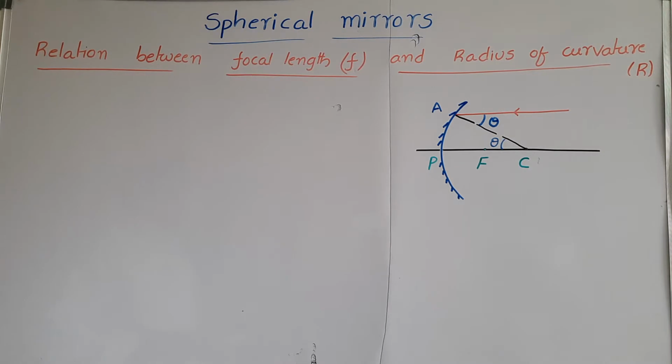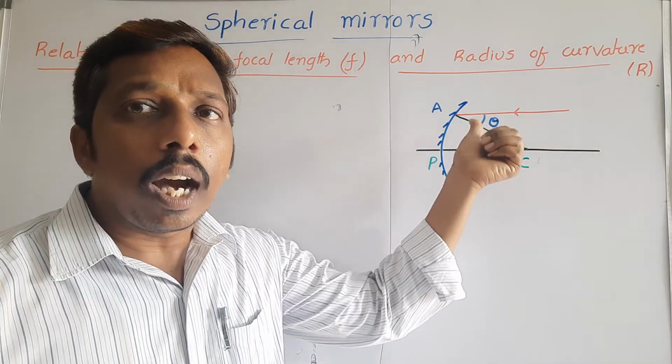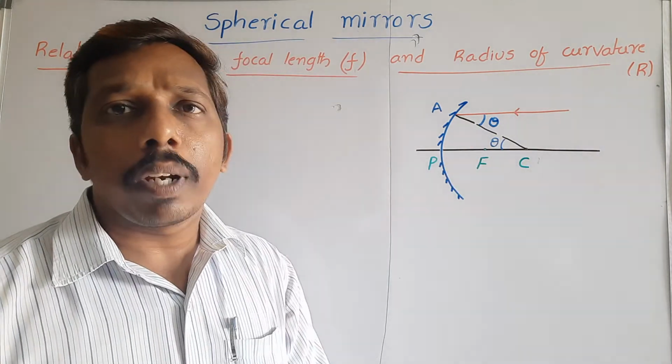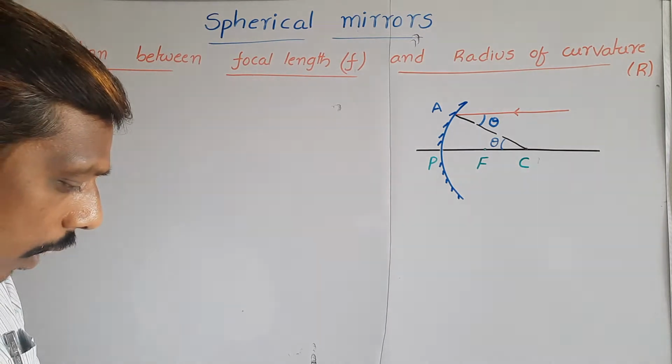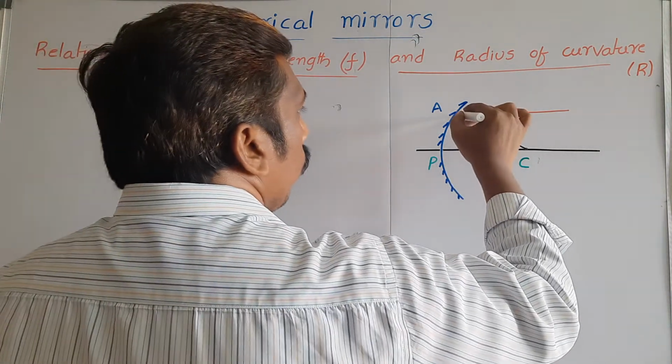Now, we already know the ray rules. A light ray coming parallel to the principal axis, after reflection, passes through a point on the principal axis, the focus.